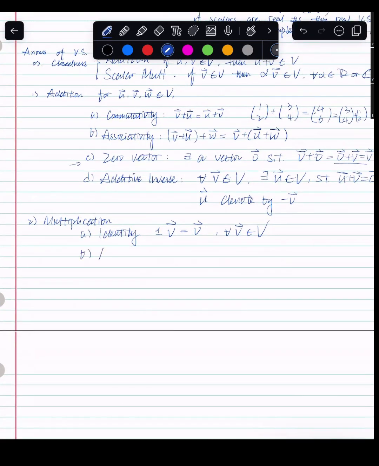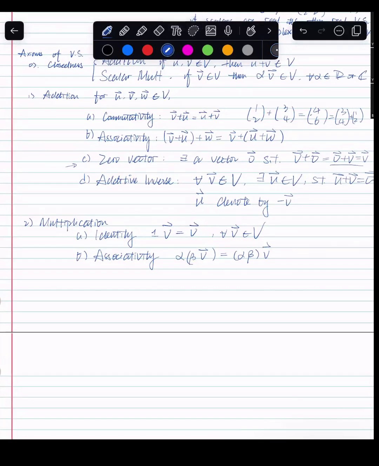Similarly, associativity. If we have two scalars, alpha and beta, and we multiply v by beta, and then alpha, it's the same as if we multiply alpha and beta together and multiply by v. Let's see, distributivity.